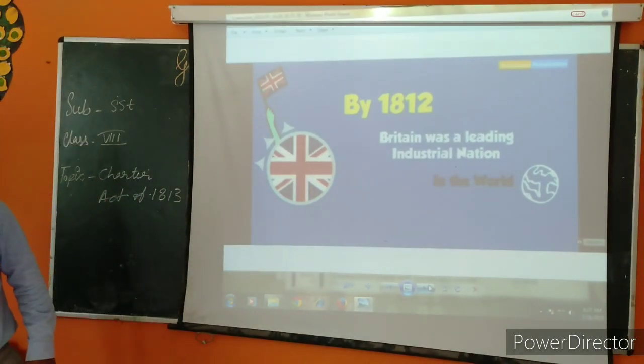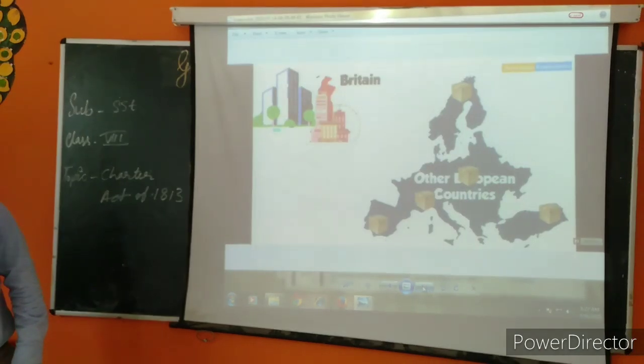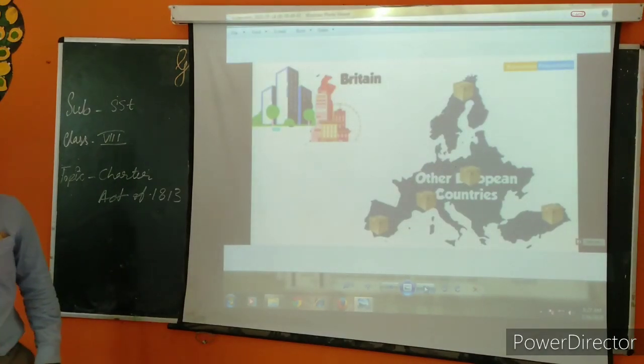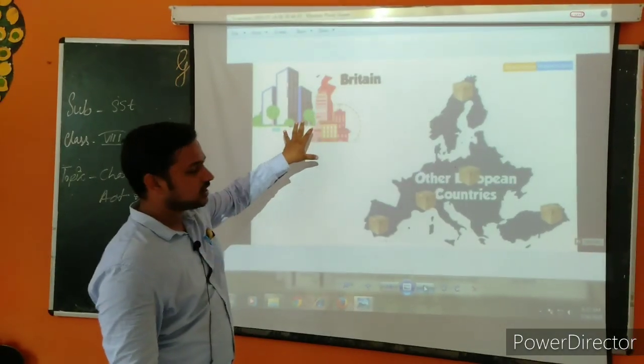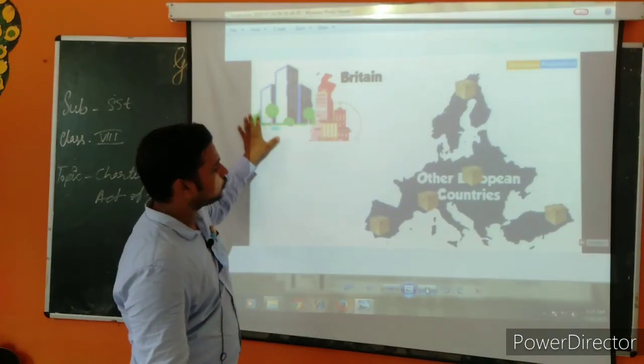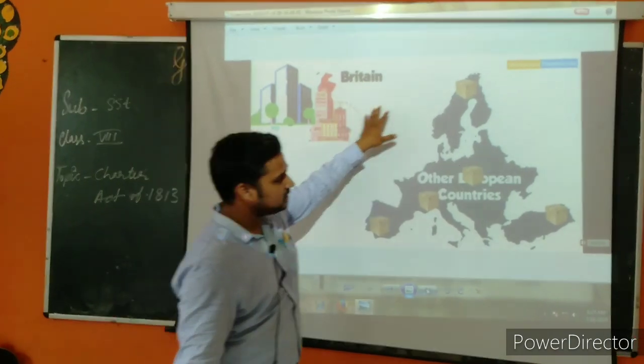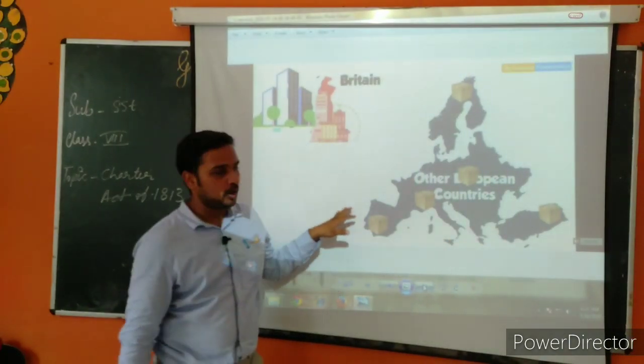Let us have some more explanation regarding the Charter Act. Now you can see, first of all, in Britain, especially in England, factories were growing, and this is the map of the European continent.